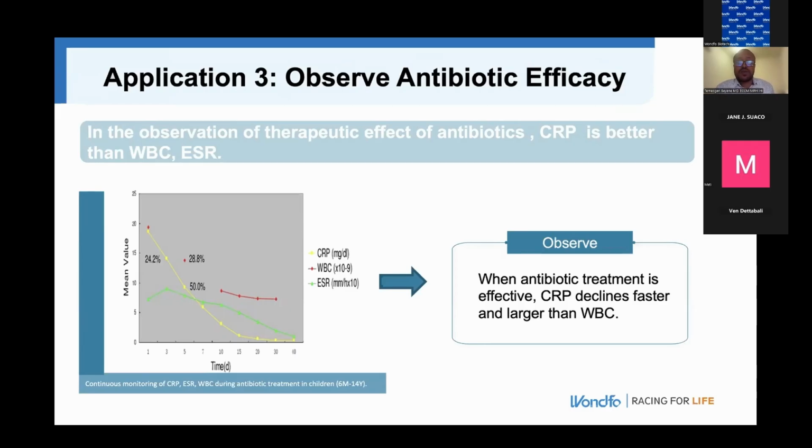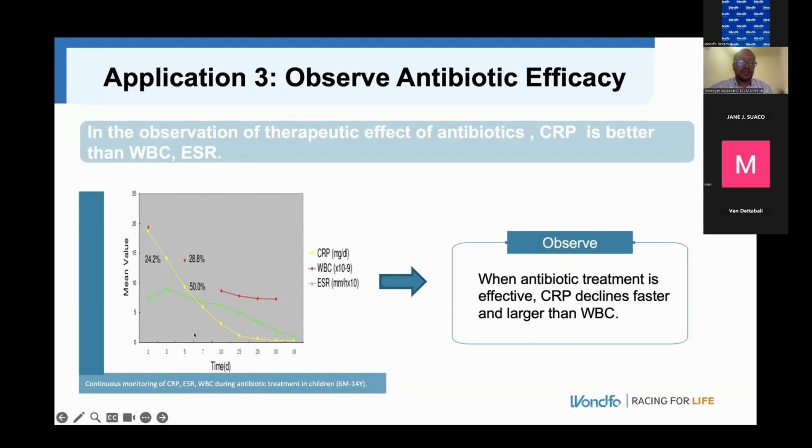At least this is well studied from this point of view. So we can see the mean value and the drops by comparing the three: the CRP, white cell count, and ESR. As you can see, there is a steady drop from the CRP. You can see the drop from ESR as well, and also a drop from white cell count.